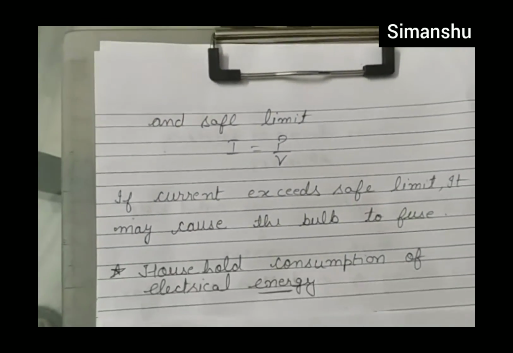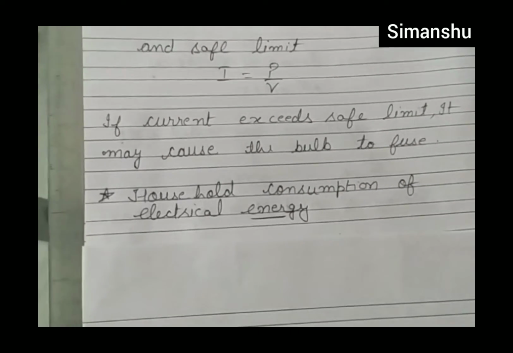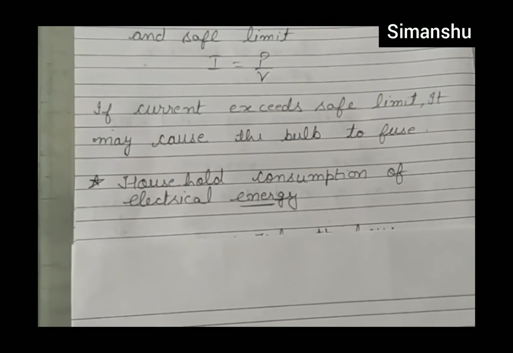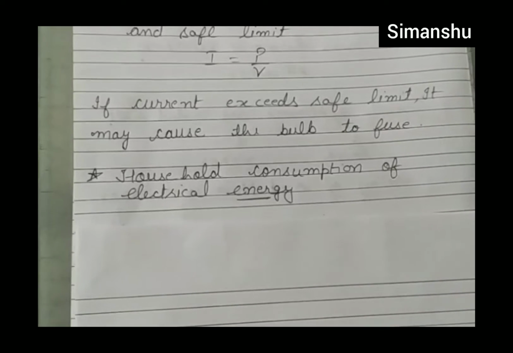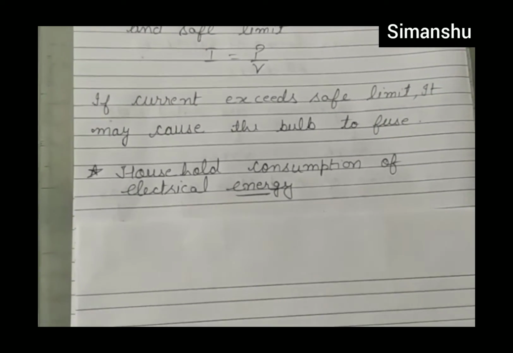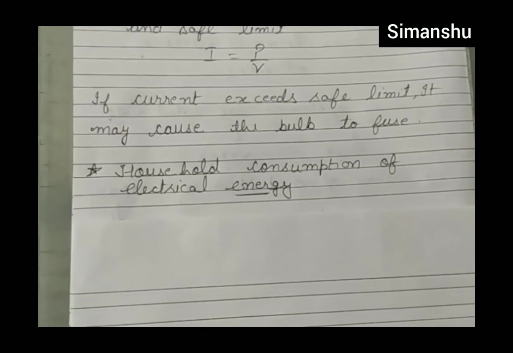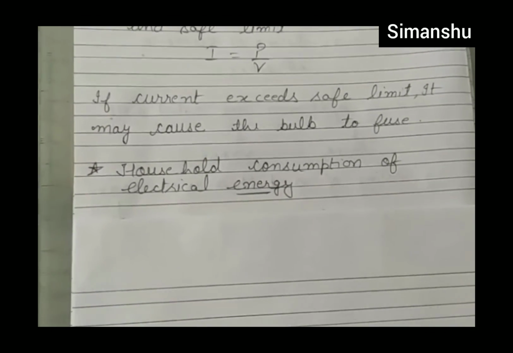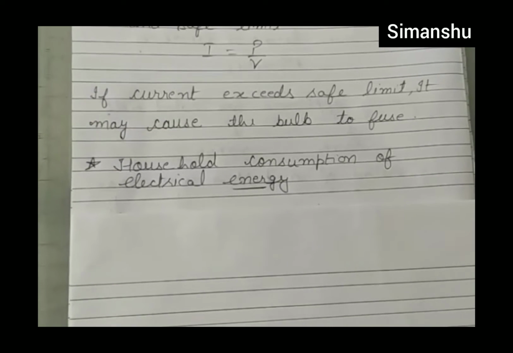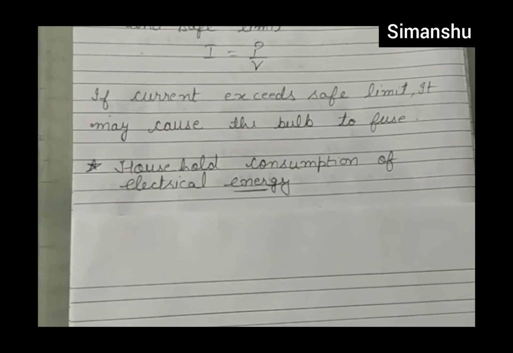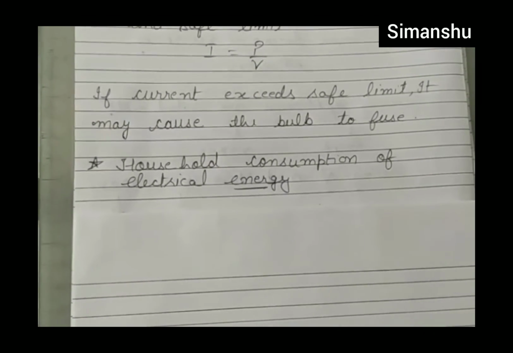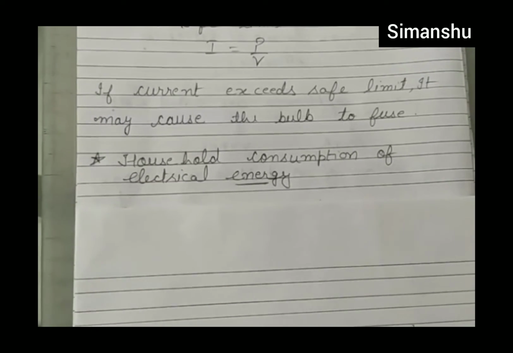Okay. Then household consumption of energy. As we know, to measure energy we have certain specific units, most commonly joule and calorie. But what about household consumption? Household consumption means the electricity bills for your house; in which unit do we get them?